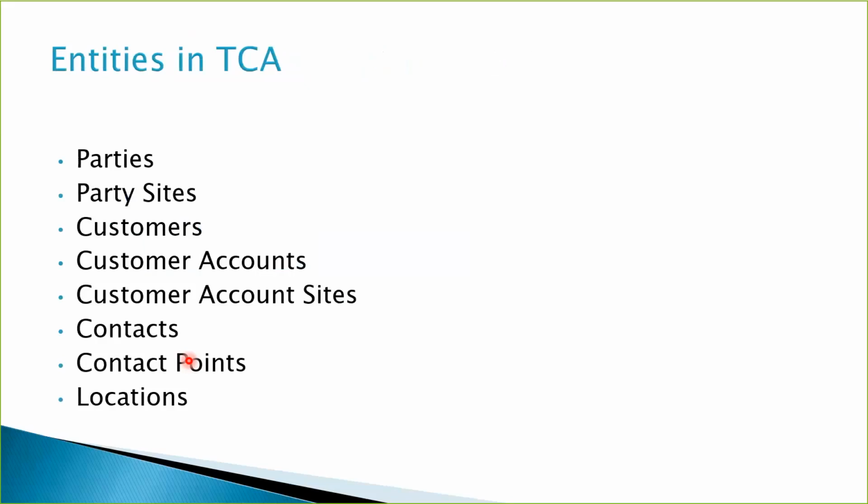So these are the entities in the TCA. We'll have parties, we'll have party sites, we'll have customers, customer accounts, customer account sites, contacts, contact points, and locations. So we can explain what each of these are. A party can be, let's say, a person or an organization with which you can enter into a relationship, okay?